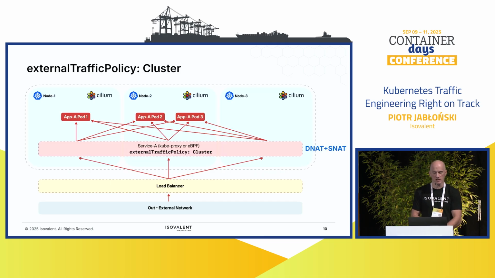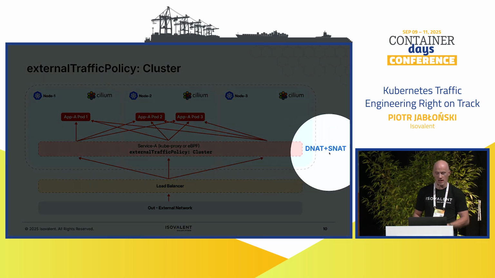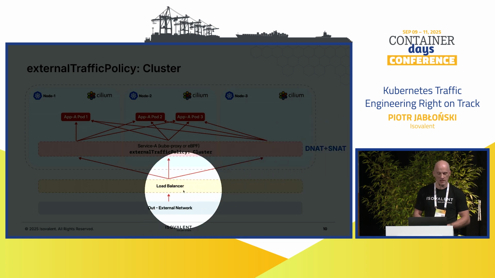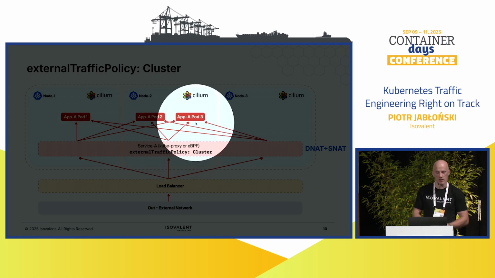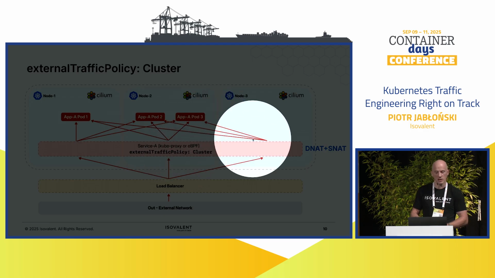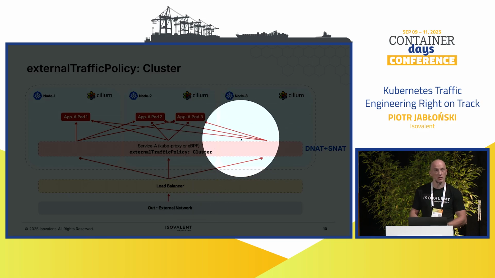What else? What is the second characteristic? The second characteristic is that for external traffic policy cluster, we have both destination and source NAT from the external network perspective. Why like that? Because we need to provide a symmetrical path for the return traffic.